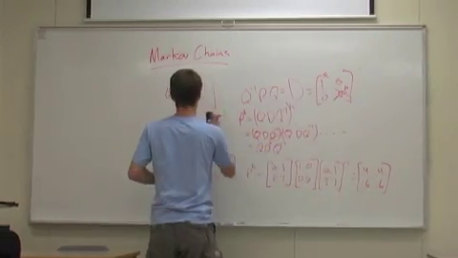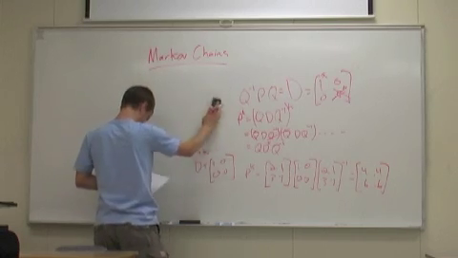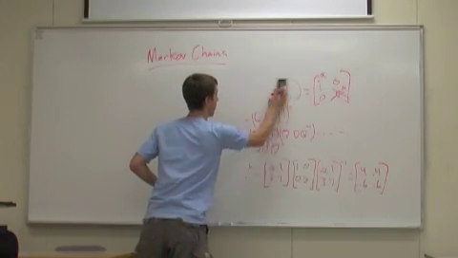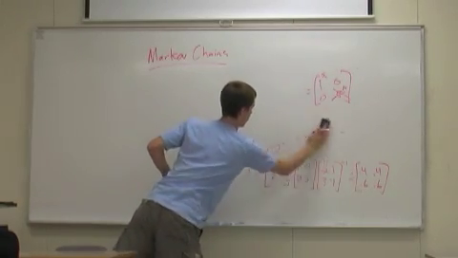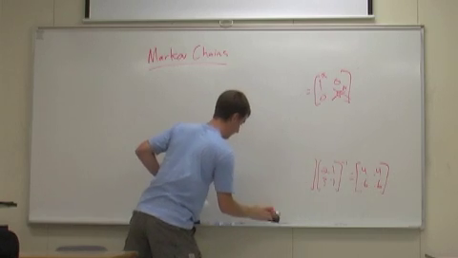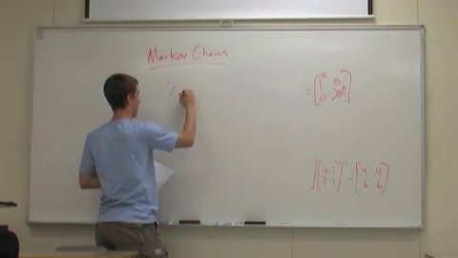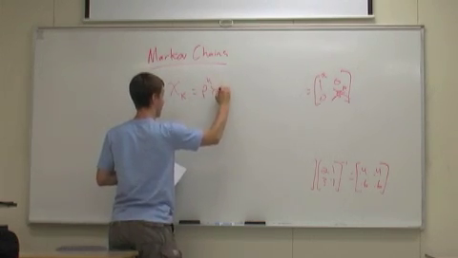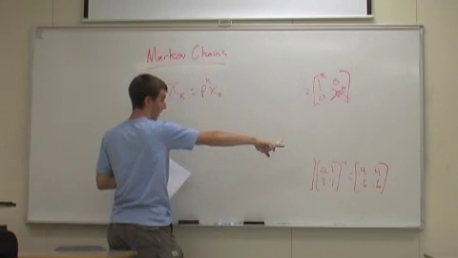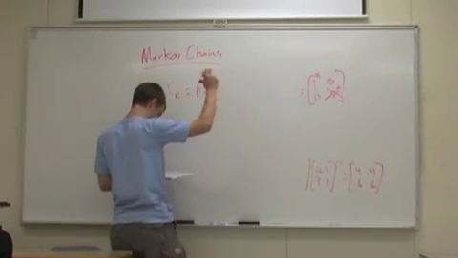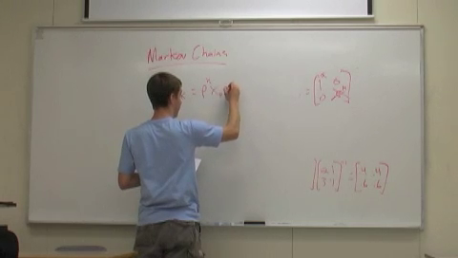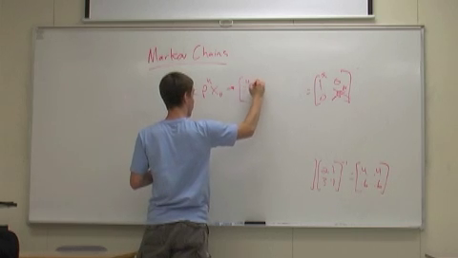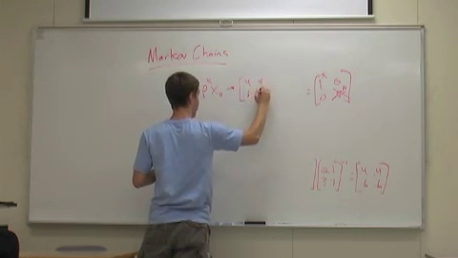And then we just have to go back in: the kth state vector X k is going to be equal to P to the k times the initial state vector, right? Well, P to the k we just figured out was 0.4, 0.4, 0.6, 0.6.